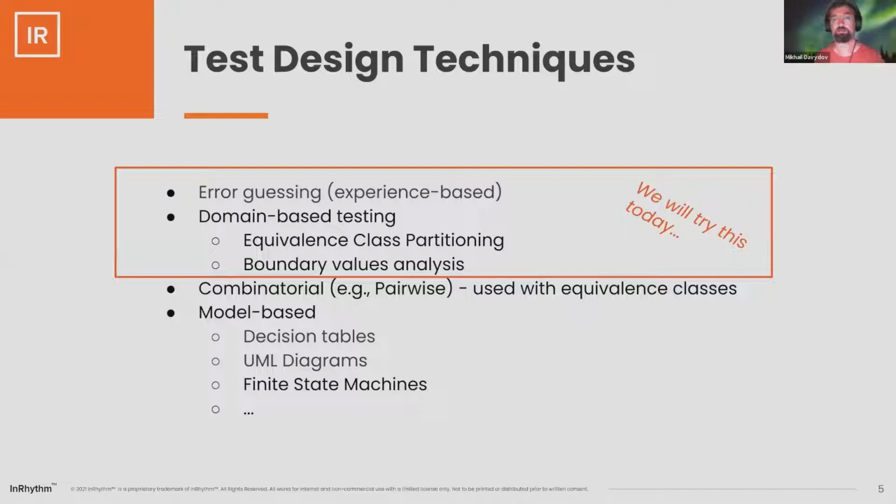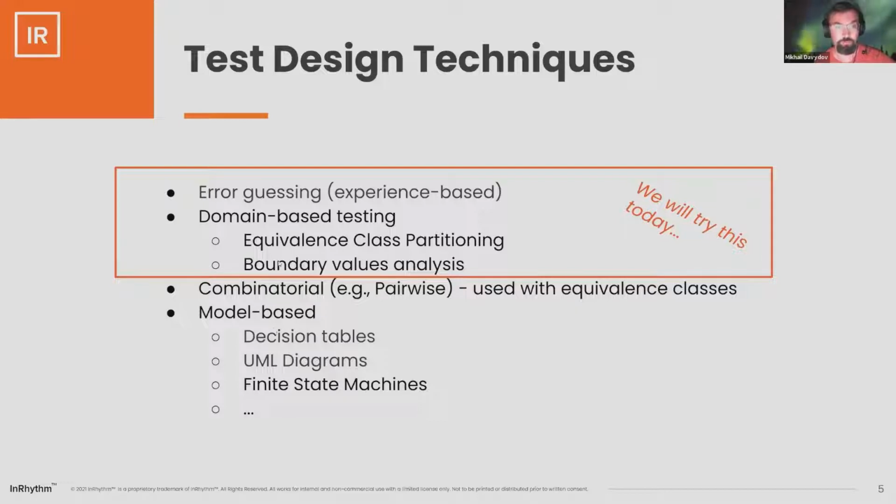And then we try to understand how the application behaves differently depending on which combination of those parameters we have. I know it sounds very vague, but this is what we do.